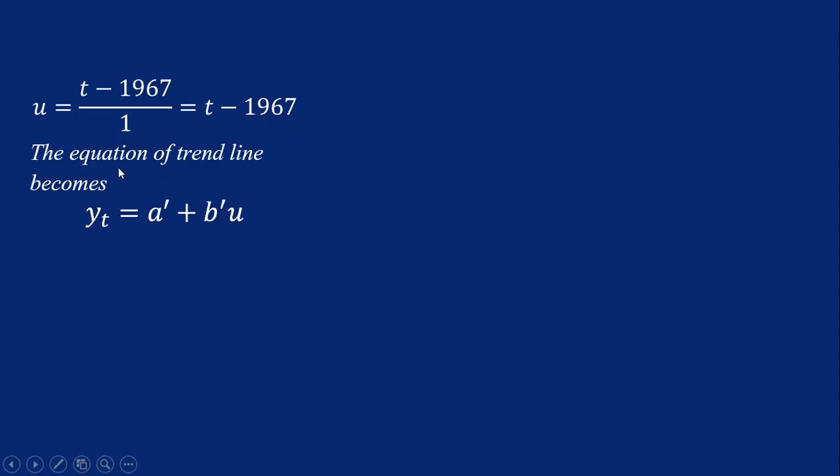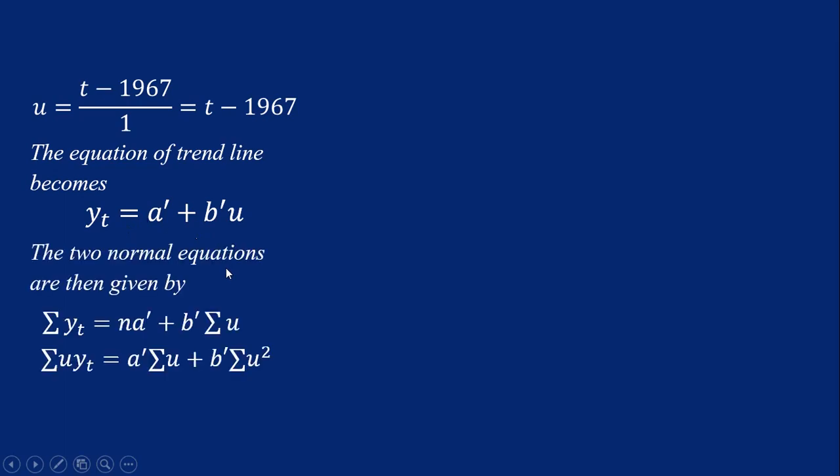Okay. The equation of the trend line becomes yt is equal to a dash plus b dash u. Now instead of t we are going to use this new variable u. The two normal equations are then given by summation yt is equal to n into a dash plus b dash into summation u.